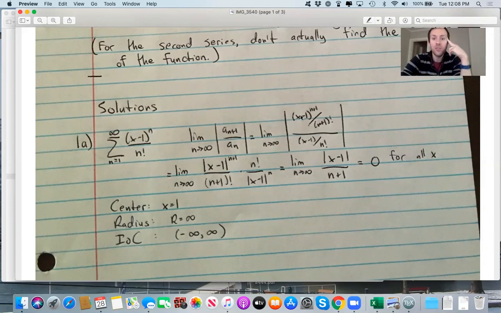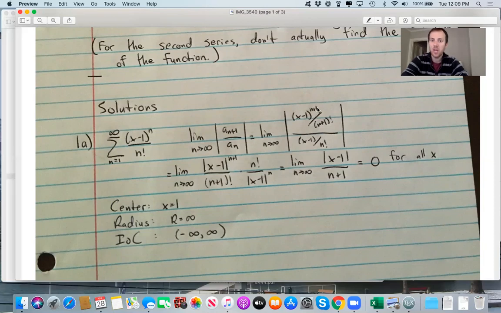When you have a power series and you have x's in here, you're able to break the absolute value up over division and multiplication. So we can take the absolute value and bring it just onto x minus 1, and then raise that to the power.